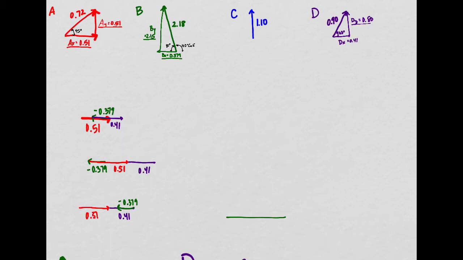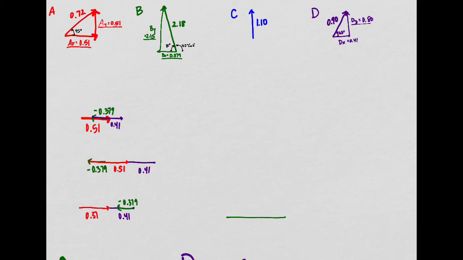I'm just going to arbitrarily choose this one. We're going to add up all of our positive vector components, which would be 0.51 plus 0.41, and then since 0.379 is in the opposite direction, we're going to subtract that.